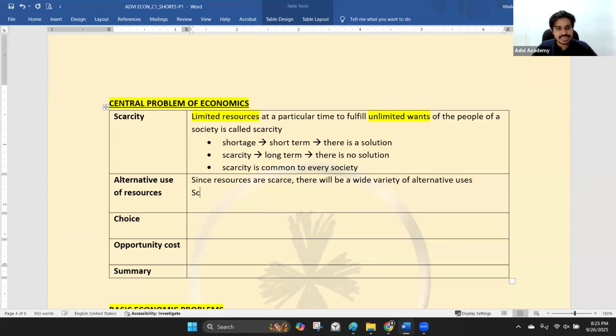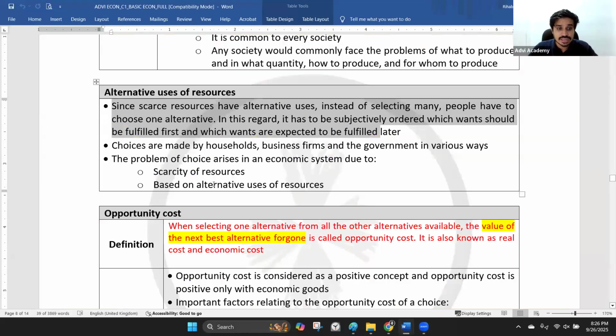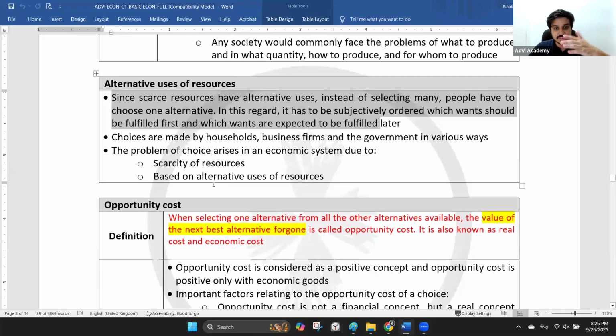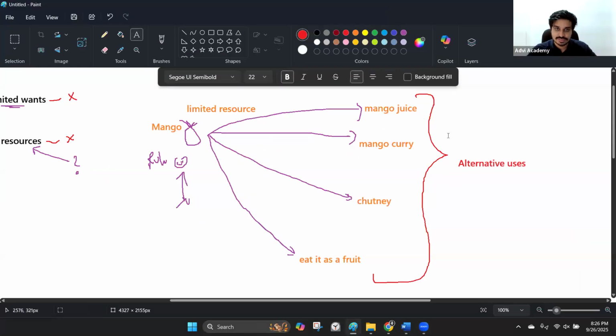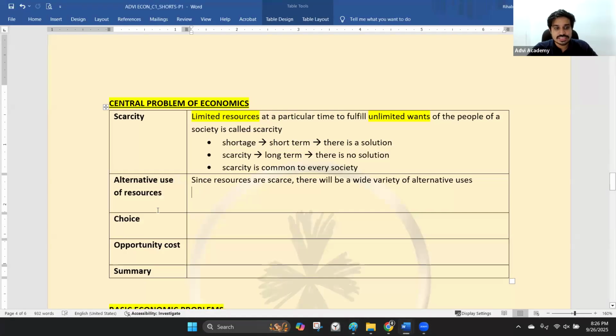So then we can say scarcity is the one that gives rise to alternative uses. Now, because we have different kinds of users, the problem becomes the choice, right? So I'll say alternative users, I'll put it like this.